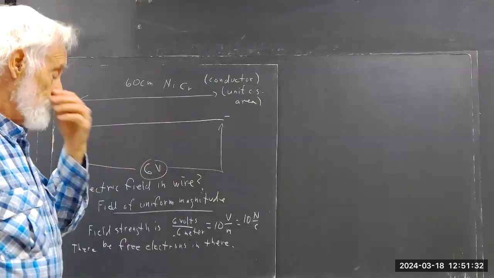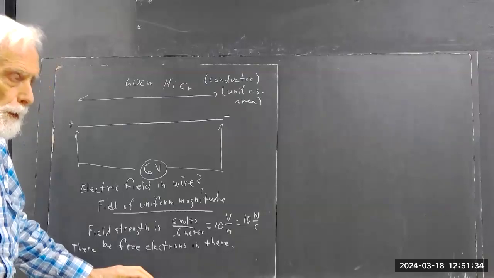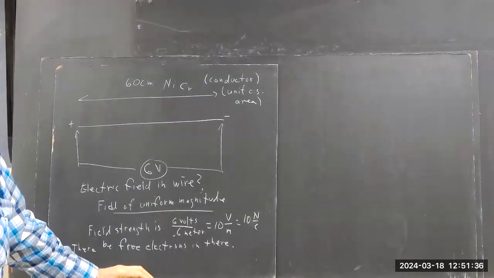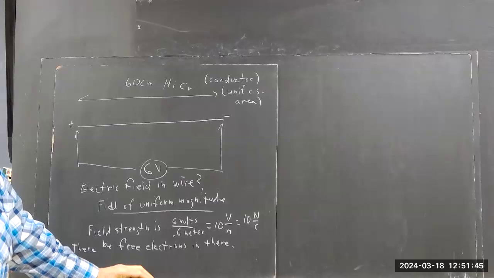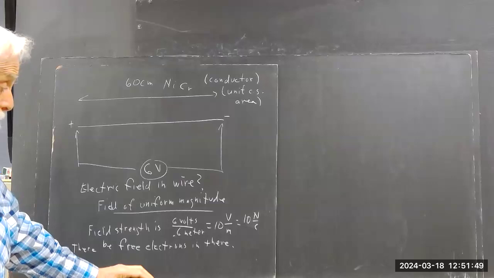And nichrome is alloyed such that you have a significant resistance. Nichrome is your typical heating wire and heating element.